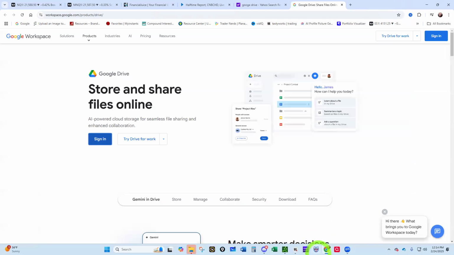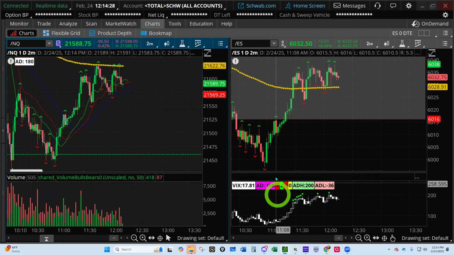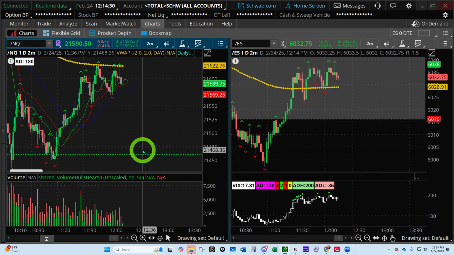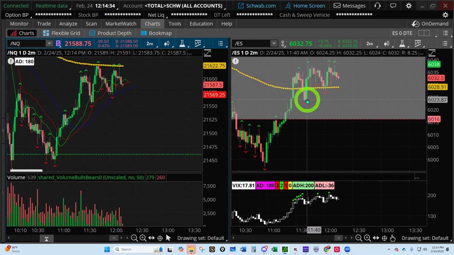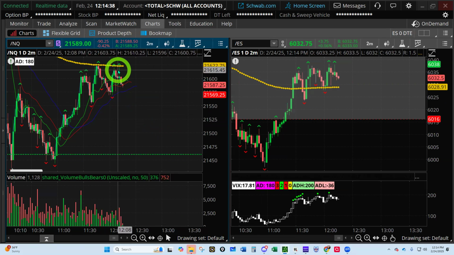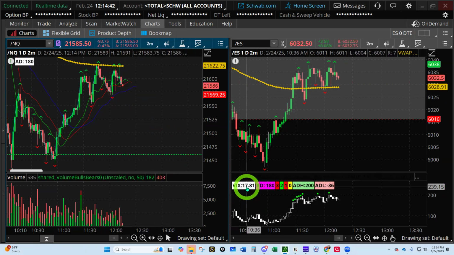No big deal. Let's see how we're doing today. We're not doing really good. Let's look here. So AD is 180. It's very strong, y'all. We're above VWAP. We are below VWAP on NASDAQ. And the VIX is at 17.81.